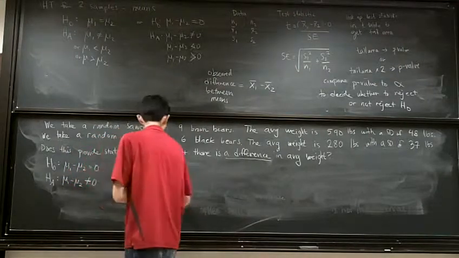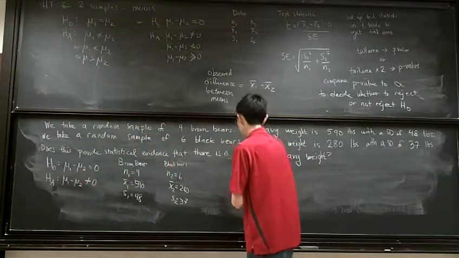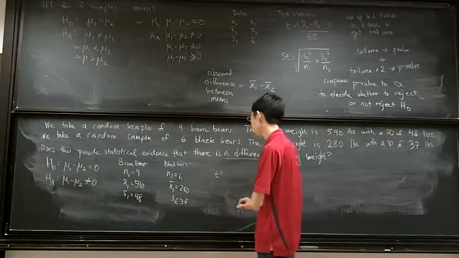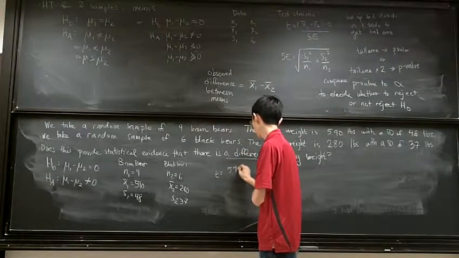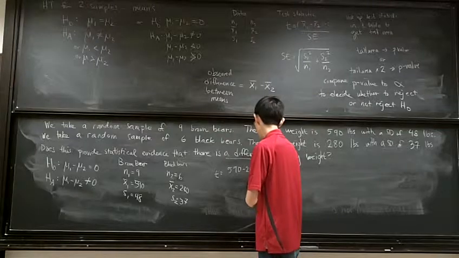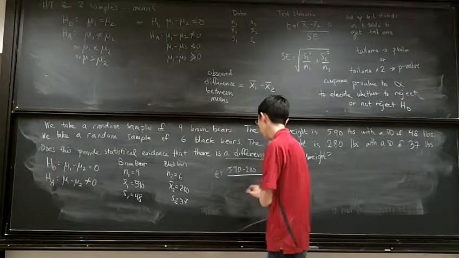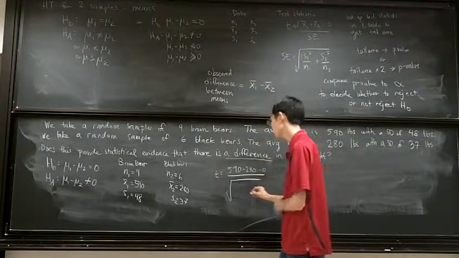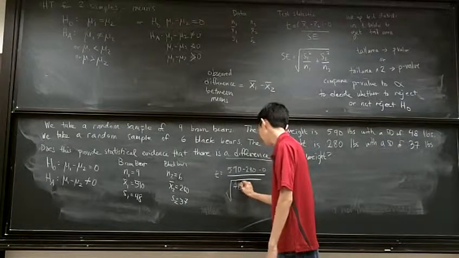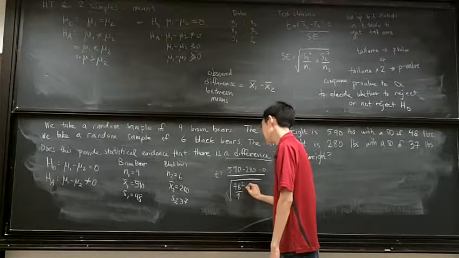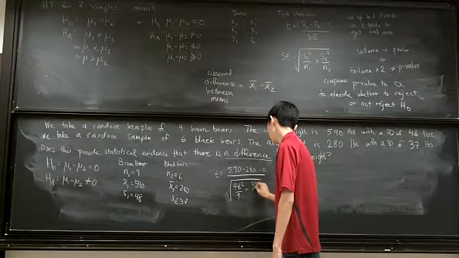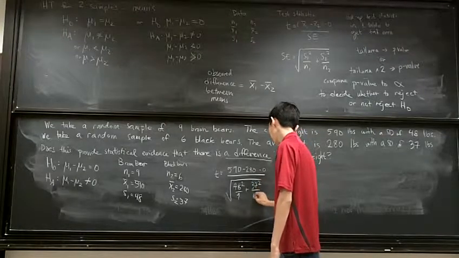Great. My test statistic is going to be 590 minus 280, technically minus 0, divided by the standard error, which is the square root of 48 squared over 9 plus 37 squared divided by 6.